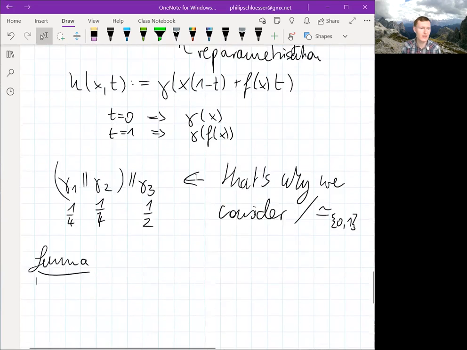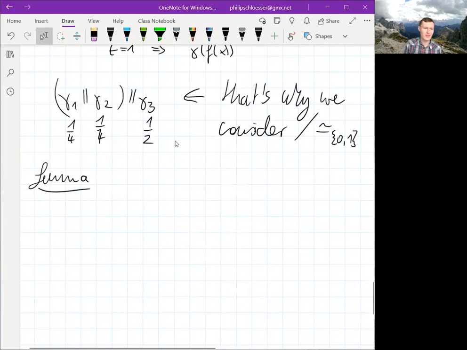And I guess second lemma: pi is actually a functor.